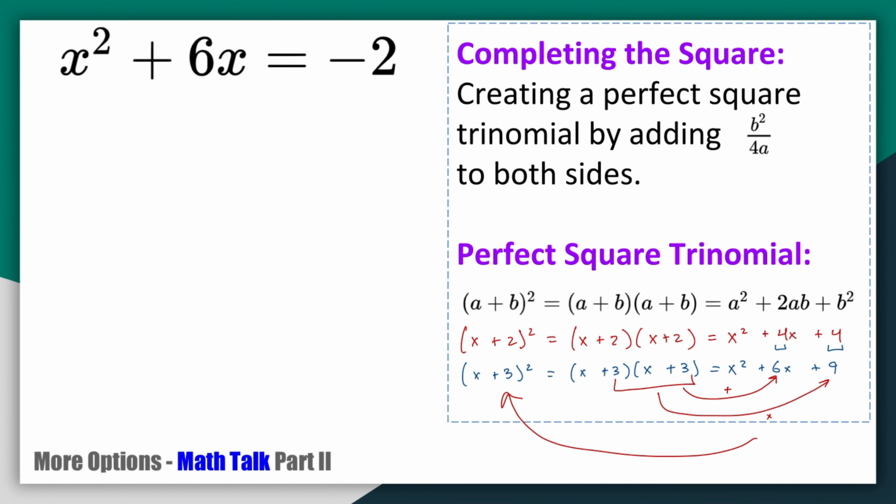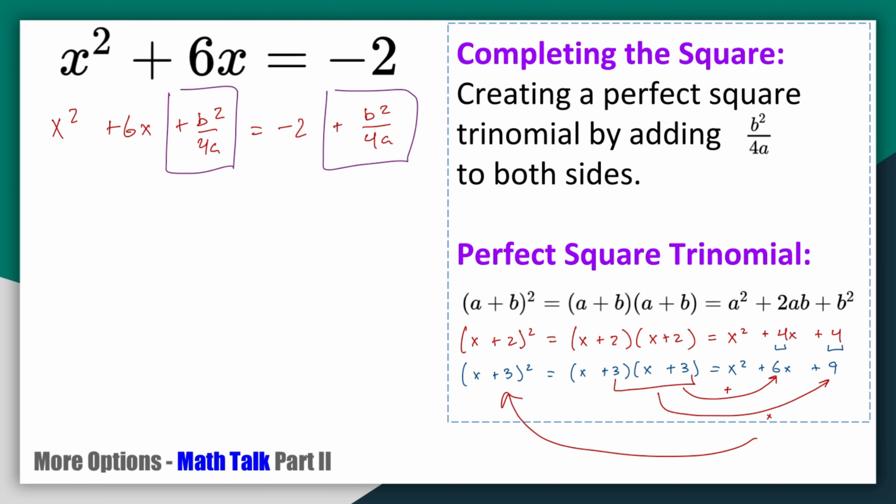So let's do that. Let's go x squared plus 6x, and let's add b squared over 4a to both sides. Like that. I'm going to put that in purple. Remember, in order to keep your equation valid, you need to do the same exact thing to both sides of the equation.